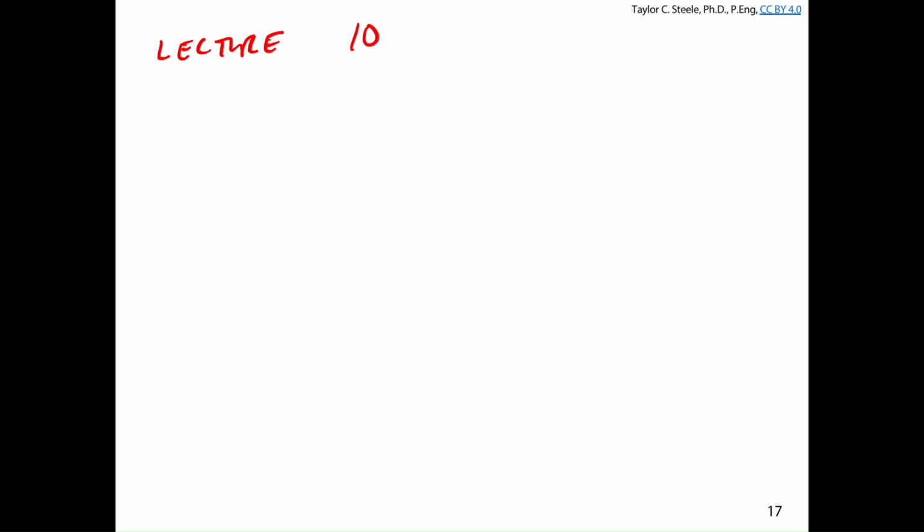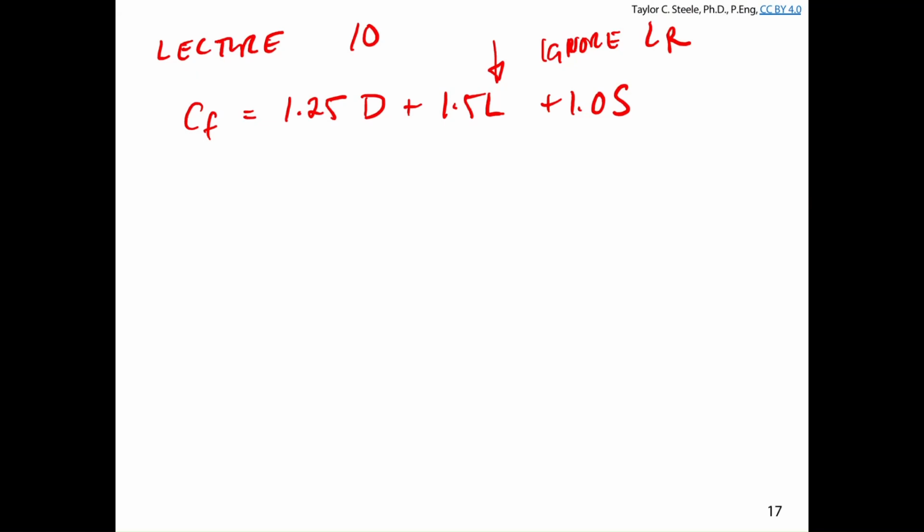We're looking at calculating the factored compressive force acting on our column, and it was pretty easy for us to see that that was going to be based on 1.25 dead plus 1.5 live plus 1.0 snow. And we'll remember here that because we're including the full load in this combination, when we do the live load part, we ignore the roof live load, right? So ignore the LR part.